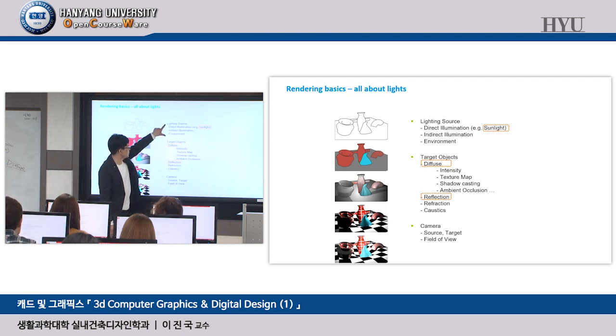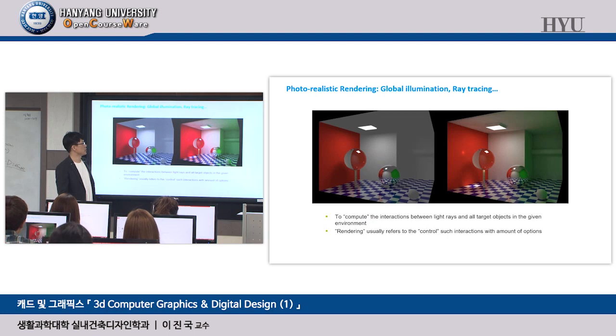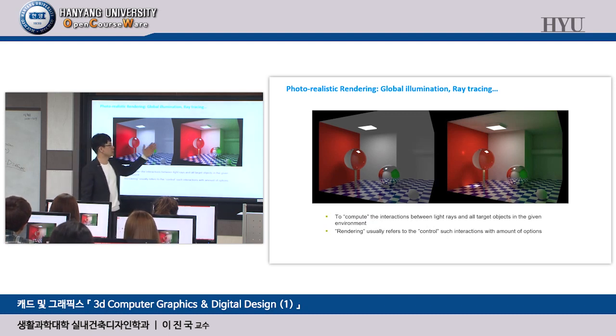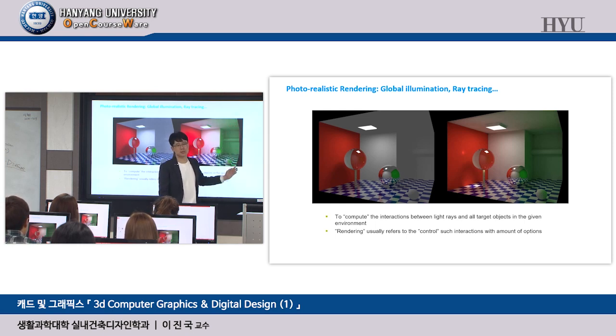So there is a lighting source, target objects, and a camera as the main components. Take a look at the difference between the left one and the right one. Which one looks realistic? This is also looking realistic, but not that much. This part is supposed to be green because this wall has green color.